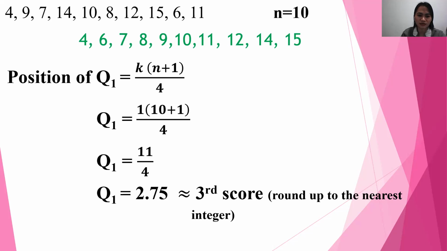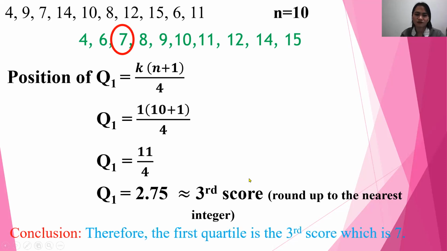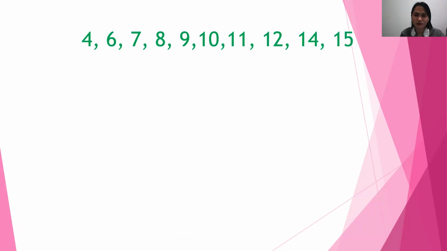So what is the conclusion? Very good. Therefore, the first quartile is the third score, which is 7. Do you satisfy the conclusion? Did you all get the same answer? Very good. Next, we will get the second quartile.